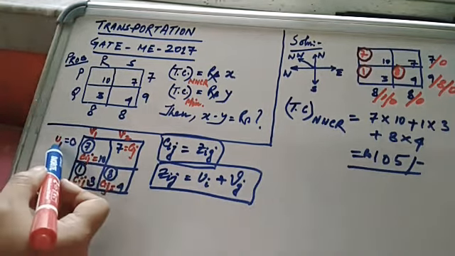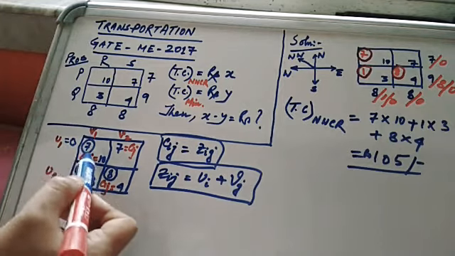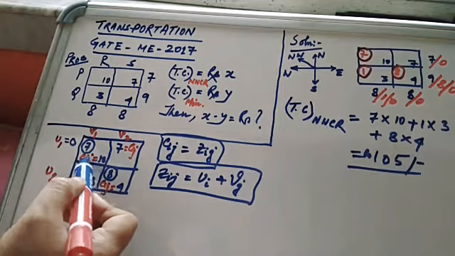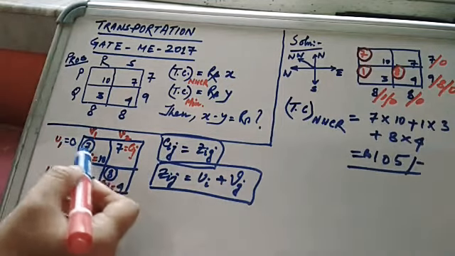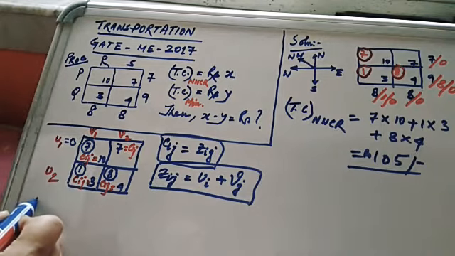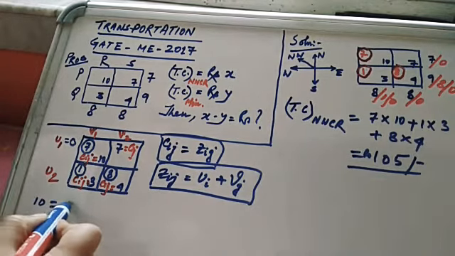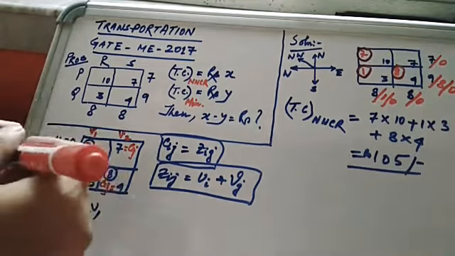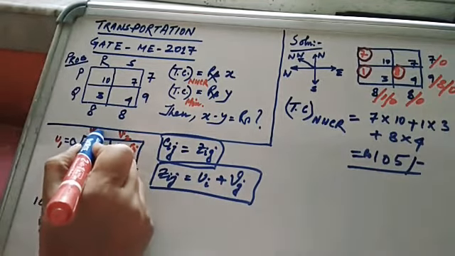You can see that if U1 is 0, then you can easily calculate V1. How to calculate? As you know, Cij is Zij in case of allocated cell. So 10 equal to 0 plus V1, which gives you V1 equal to 10. Okay. So you can write over here, this one is 10.